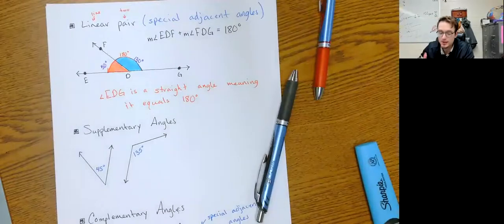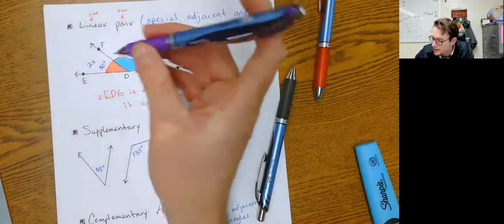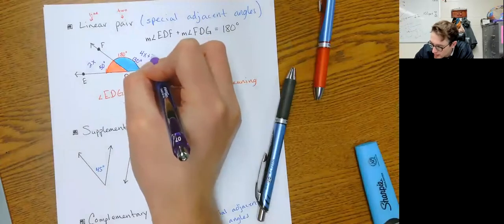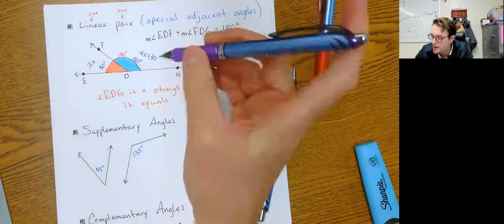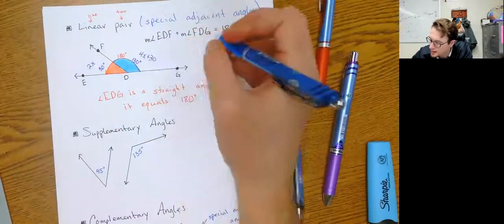Another thing, just like in the previous example I did, is there could be maybe some algebra thrown in. Maybe this angle is 2x, and maybe this angle over here is 4x plus 30. And maybe you have to substitute them in.